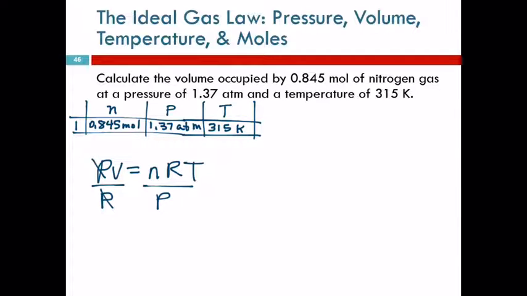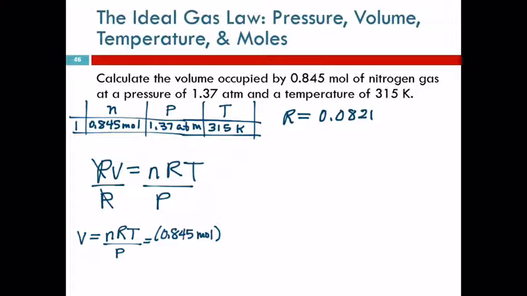I'm having zooming issues. V equals nRT over P. N is 0.845 moles. What's R? We don't have R. It's the gas constant. If you don't have it memorized, look it up. 0.0821. And then those funky units.